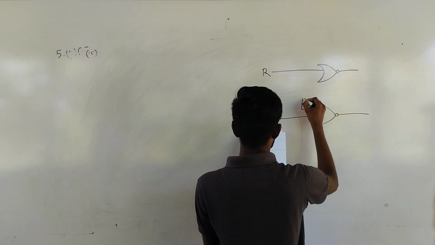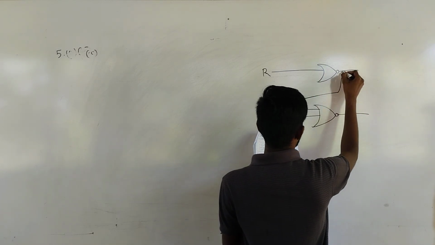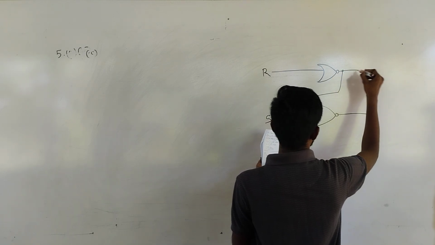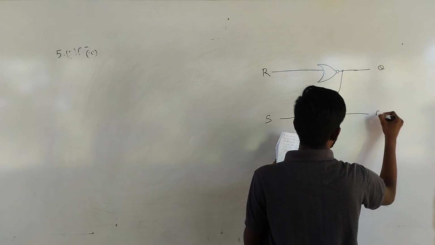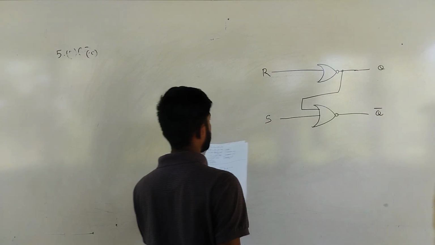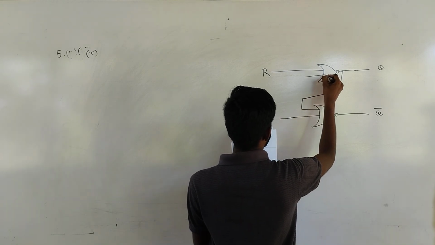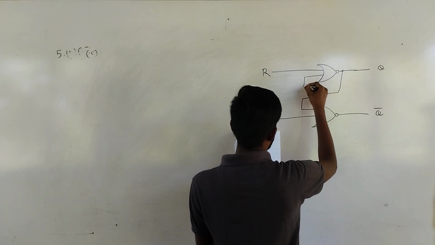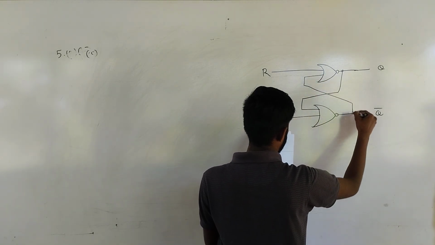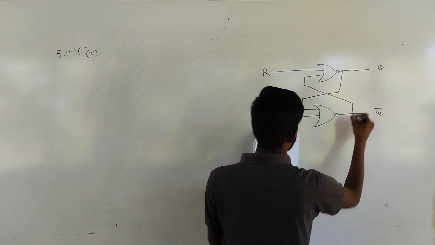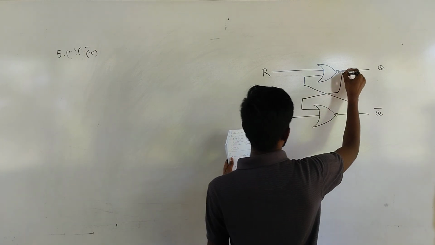Then this is going here. So here you are having the Q, and here you are having Q bar, and this one is coming here, right?